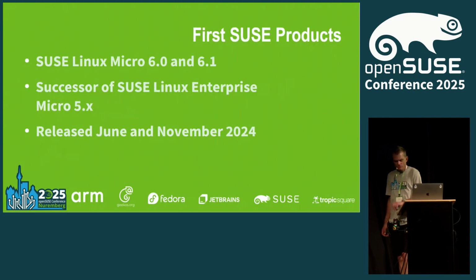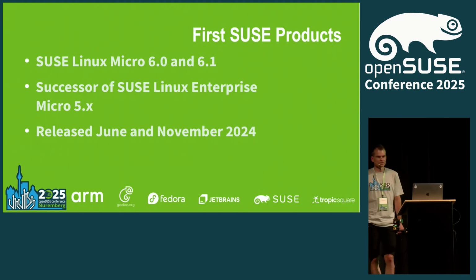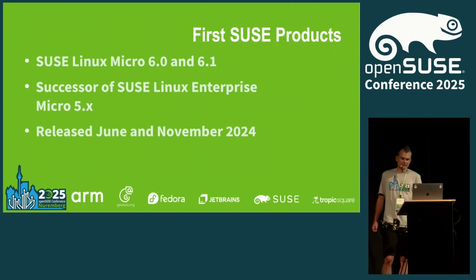Following the prototypes, we also released the first SUSE products, and those products were SUSE Linux Micro version 6.0 and 6.1. Those were released in June and November of last year, and were basically a successor, or the next version, of the product Micro 5.x.